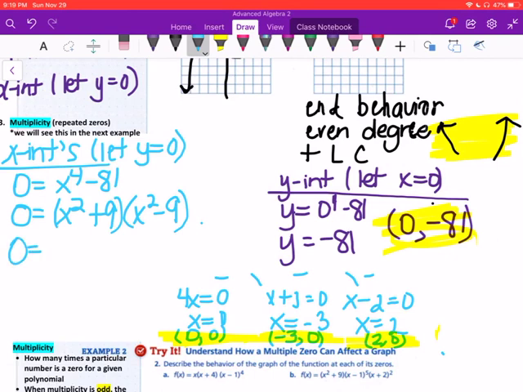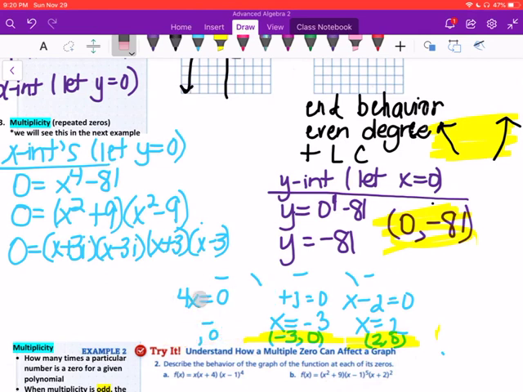And then x squared plus 9 is a sum of squares that factors into x plus 3i times x minus 3i. I can't take a square root. And then x squared minus 9 factors into x plus 3 times x minus 3. Let me erase the rest of this work down here.